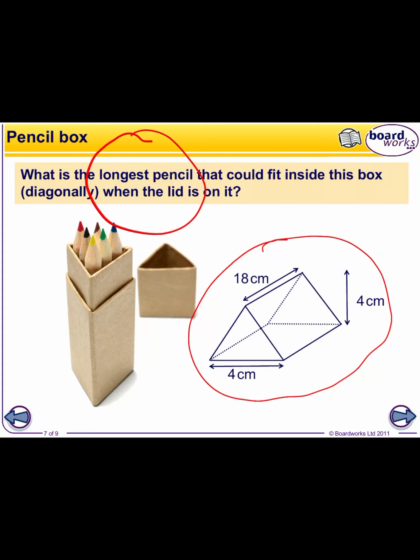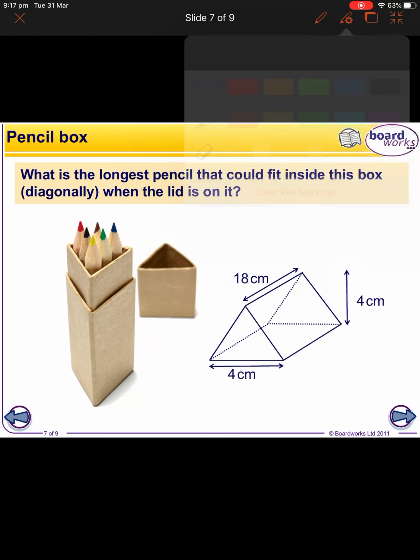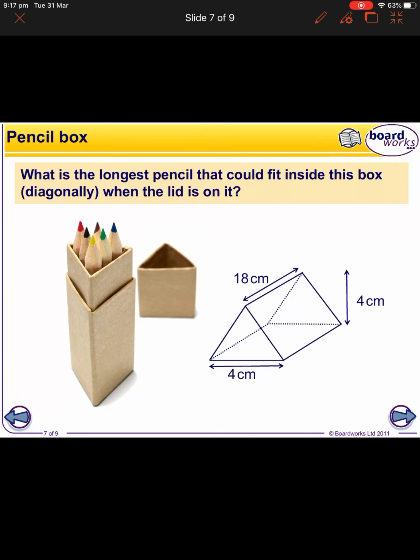To tell you the truth, I'm yet to really figure out the answer here. I think the longest pencil you could fit in here would be from this point here to this point here. That's just my kind of hunch, but I could easily be wrong.